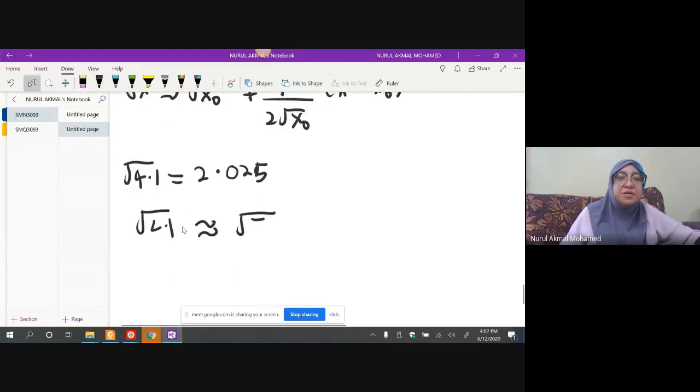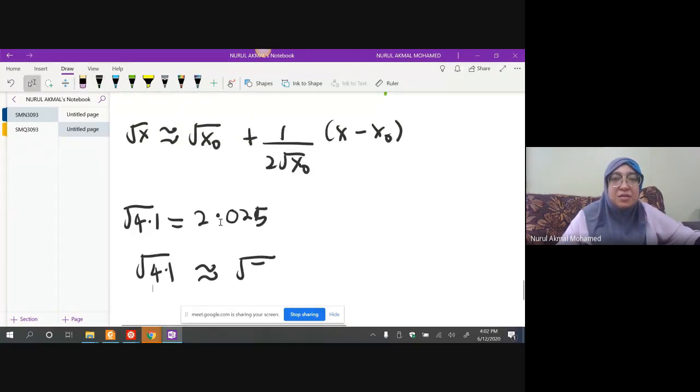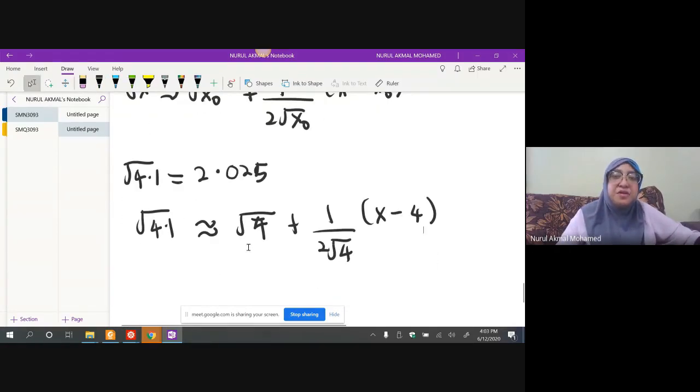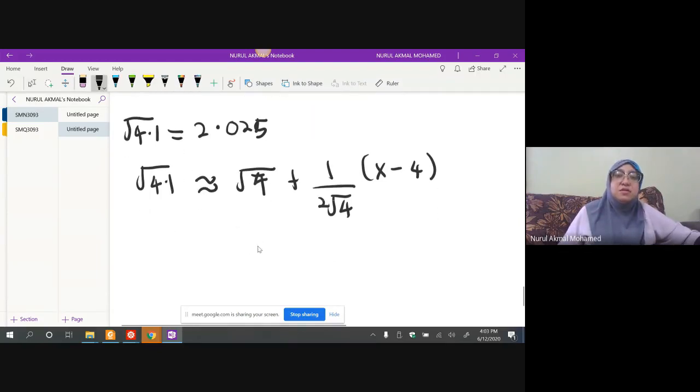Square root of 4.1 is approximately equal when we take x naught equal to 4. So square root of 4 plus 1 over 2 square root of 4 multiply with x minus 4. Square root of 4 is known, which is equal to 2, plus 1 over 2 multiply with 2.